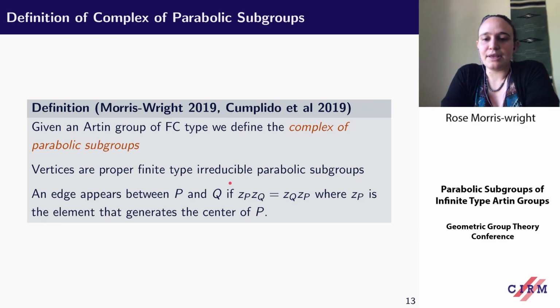So these being finite type irreducible parabolic subgroups, one of the things that we know about these subgroups is that they have center infinite cyclic, so they have center isomorphic to Z. So each of those centers has a generator, and you just look at whether the generators commute. But the technical pieces of this definition are not so important for what we want to talk about today.